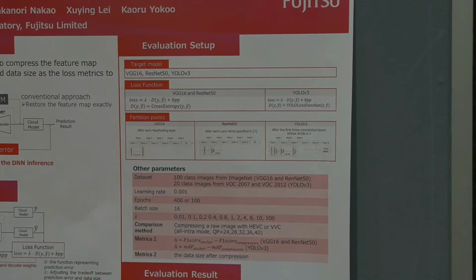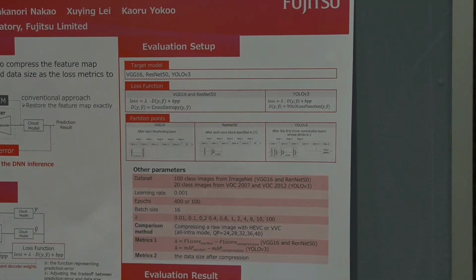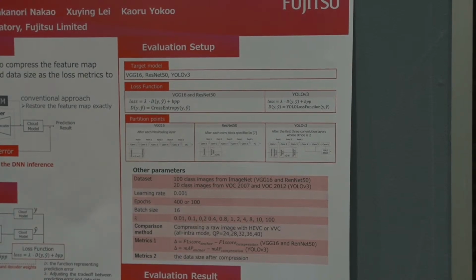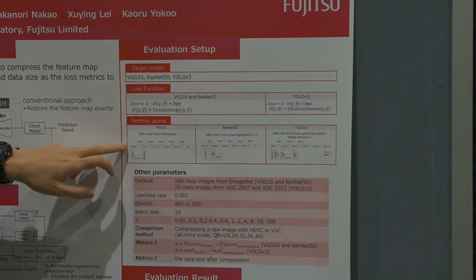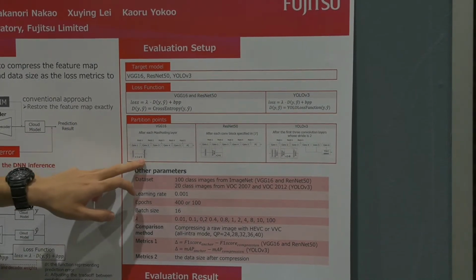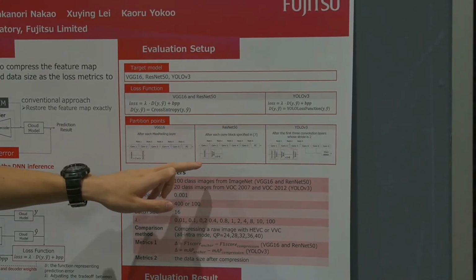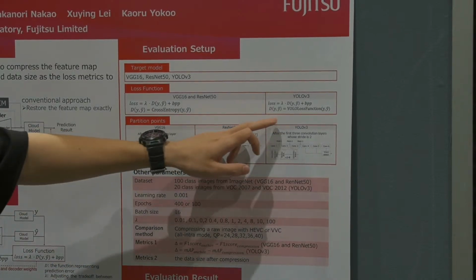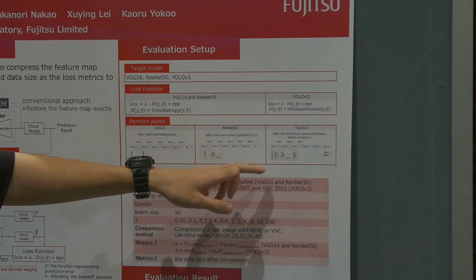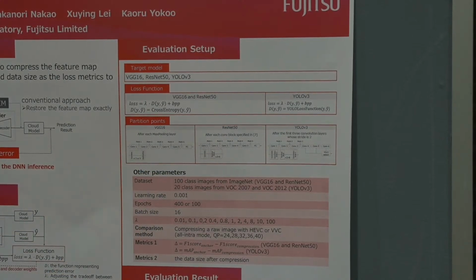We have several partitioning points in the target models to verify our proposed method's performance across target models. VGG16 is partitioned after each max pooling layer, ResNet50 is partitioned after each conv block, which is specified in the ResNet paper, and YOLOv3 is partitioned after the first three convolution layers whose stride is 2.